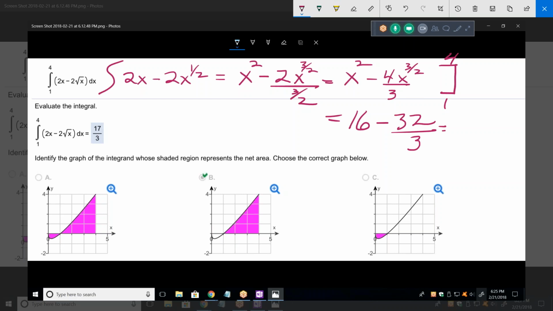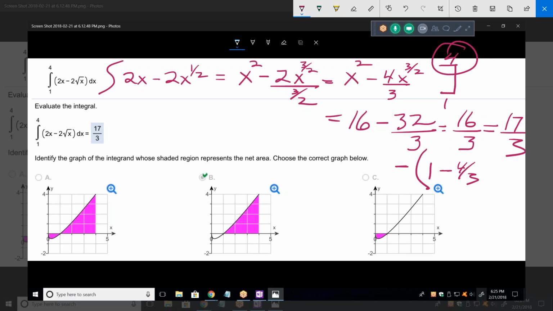So I got 16/3. Hold on. That's just the upper part. Oh, okay. Not just that part. Now I have to subtract off the function evaluated at 1, which is 1 minus 4/3, which is minus a third, which is plus a third, which is 17/3. So okay, the math was fine.